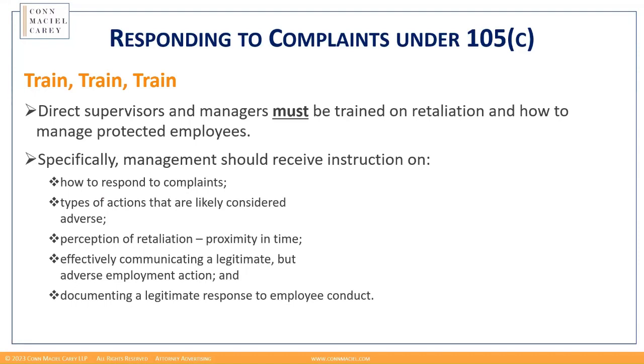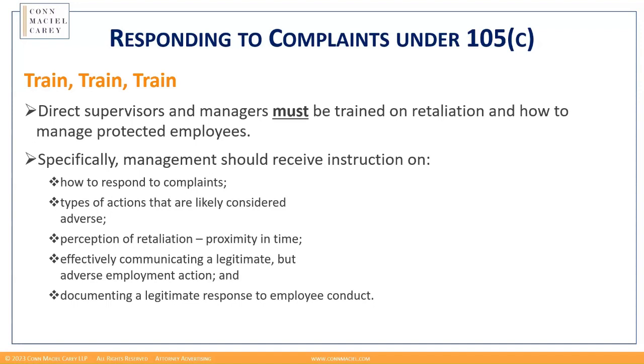But the biggest thing is, we've got to prevent these before they happen. So people need to be trained on retaliation. We've got to manage protected employees. We need to be aware that we cannot retaliate against people, nor should we want to. We need to know how to respond to complaints. If people are making safety and health complaints, what are we doing? Are we responding to them quickly? Are we documenting our response? Are we sitting down with people and telling them what we did or didn't do and why we did or did not do that?